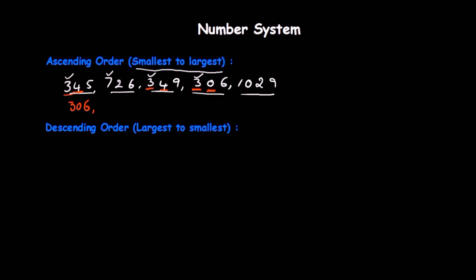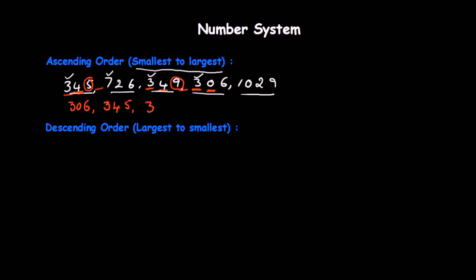The tens place in 345 and 349 are equal, so we focus on the ones place. Here it is 9 and this is 5. When we compare the two numbers, 5 is less than 9, so 345 is the next number. And the third number is 349.